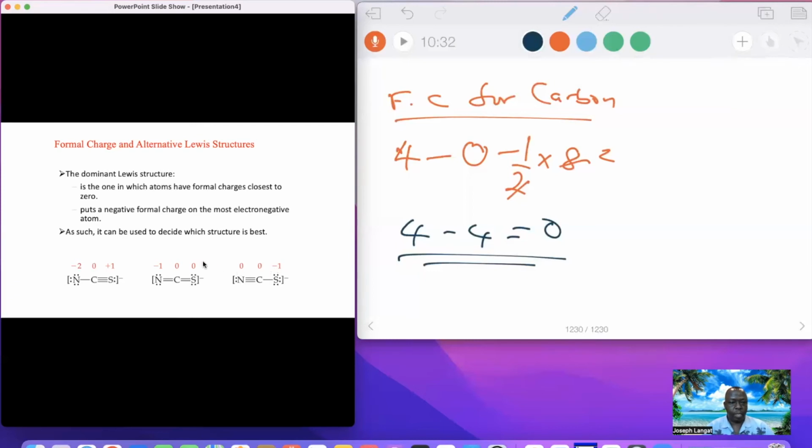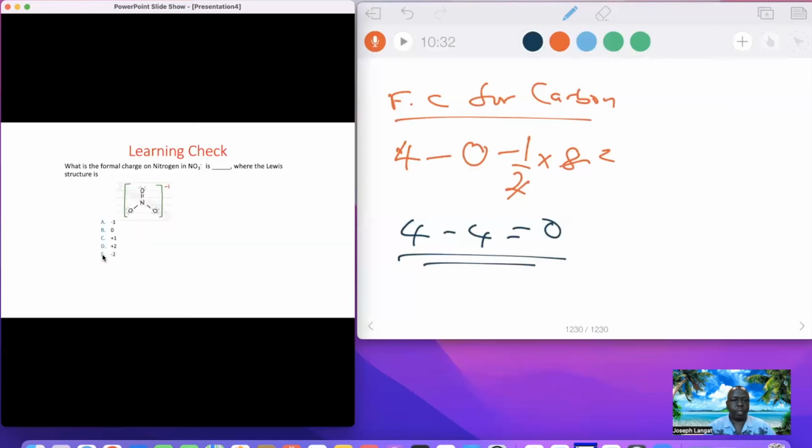Based on the rule I just said, the structure with the negative formal charge on the more electronegative atom is the most plausible one. You see this formal charge closest to 0 can be written as that.